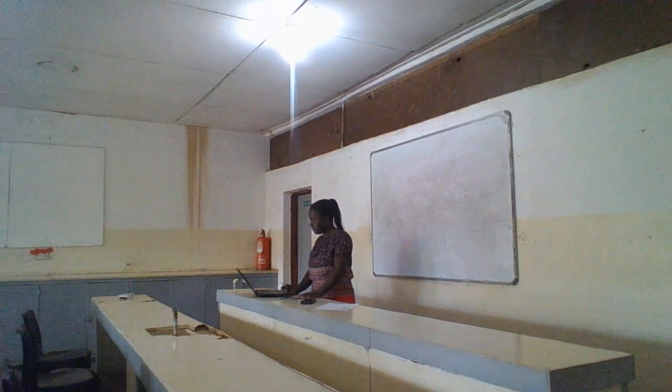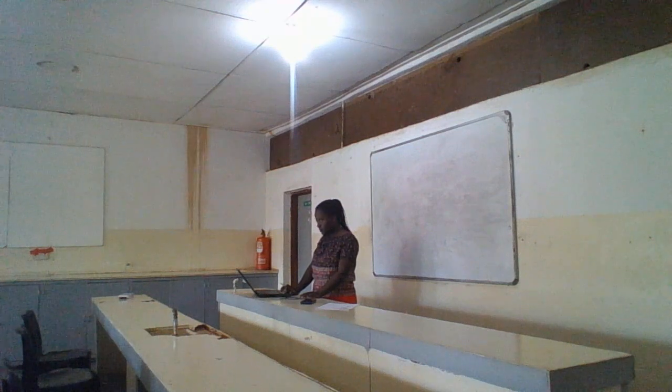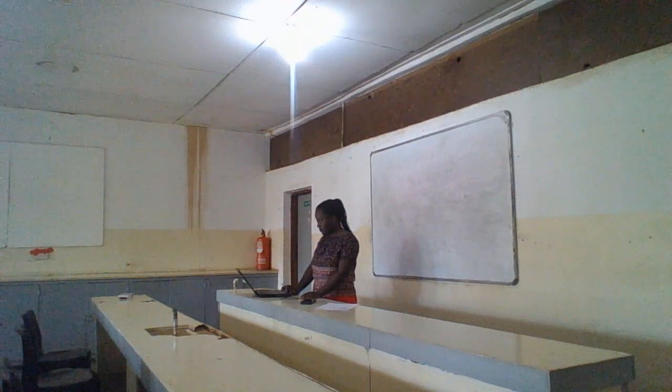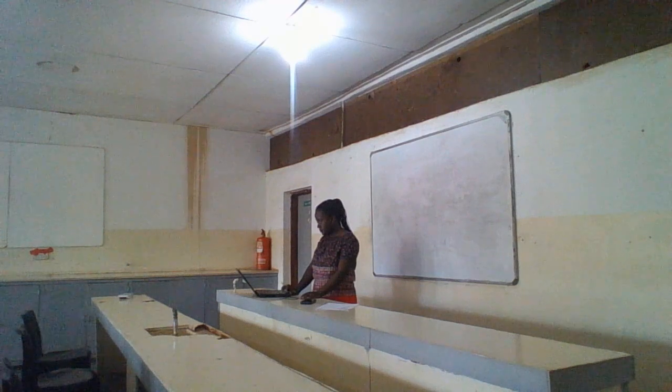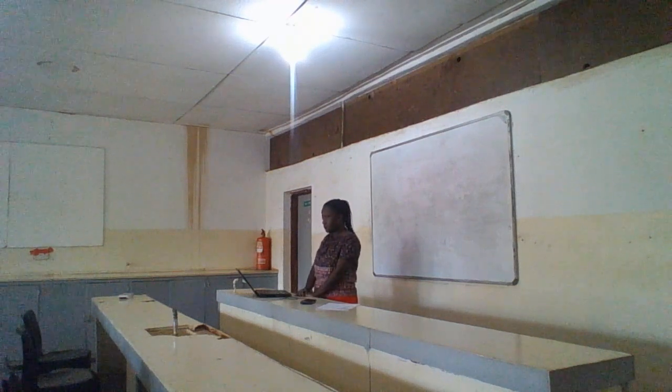When someone has a disability, he or she won't be able to run away. Let's take for example a flood comes, and that person won't be able to run away so that he can go to a safe place.